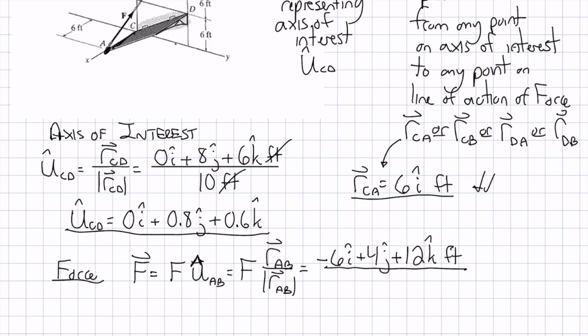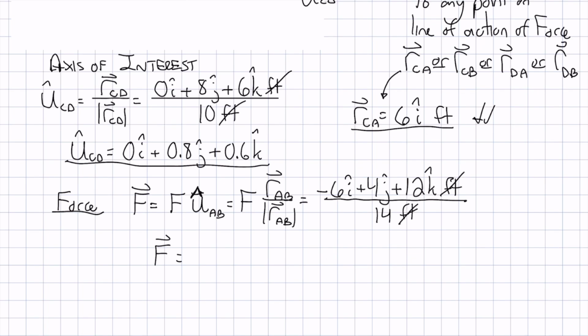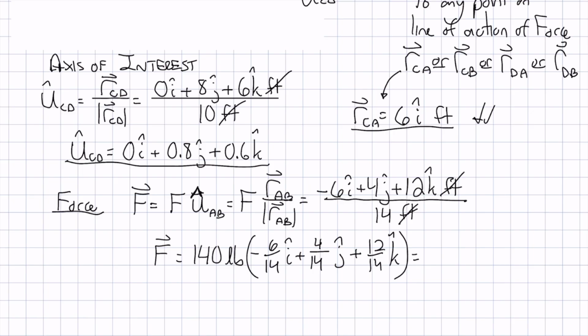And the overall magnitude of that, if you square each component, add them together, and take the square root, gives you 14 feet. So F is going to be 140 pounds times -6/14 i plus 4/14 j plus 12/14 k hat, which turns out to be -60 i hat plus 40 j hat plus 120 k hat pounds.